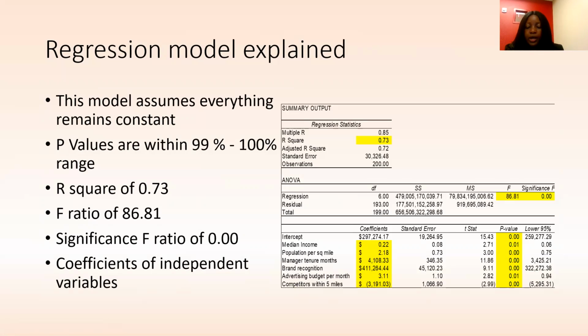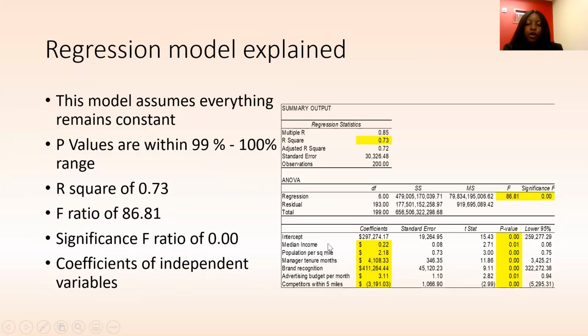We also took out the target cluster because it was equivalent to the median income. So it was a repetition of a variable, which would have made our data inaccurate or unreliable.